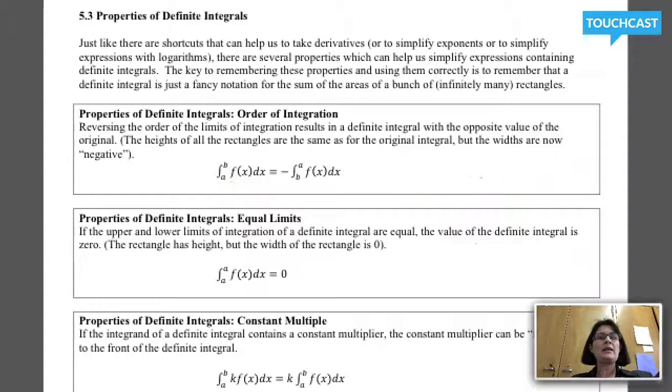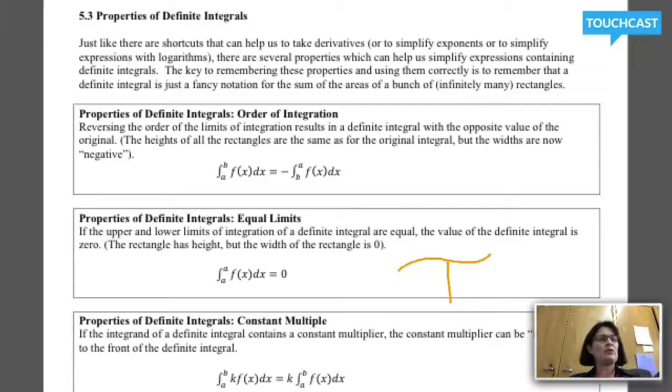All right, the next property, if I have a lower limit that's equal to my upper limit, imagine what that picture would look like. Find the area under the curve f of x between a and a. So I could try to draw a rectangle there. I can't squeeze infinitely many rectangles in there, but any rectangle I tried to fit in would have a height of whatever f of x is, but would have a width of 0.